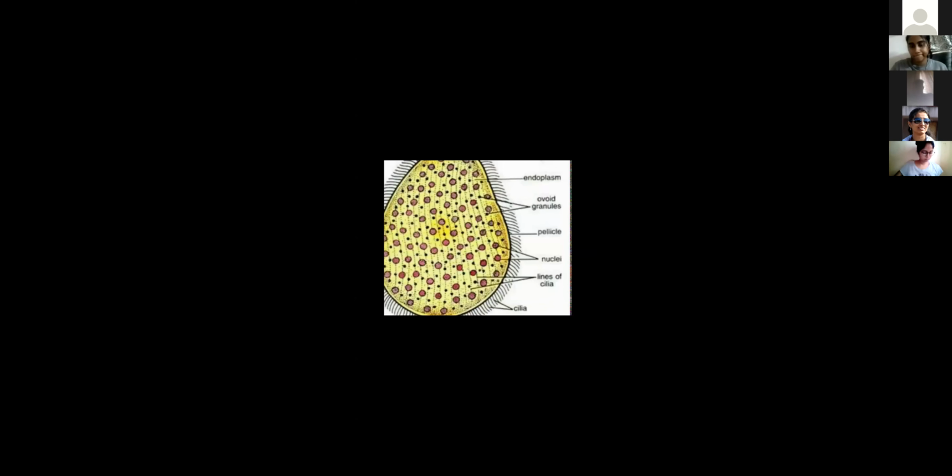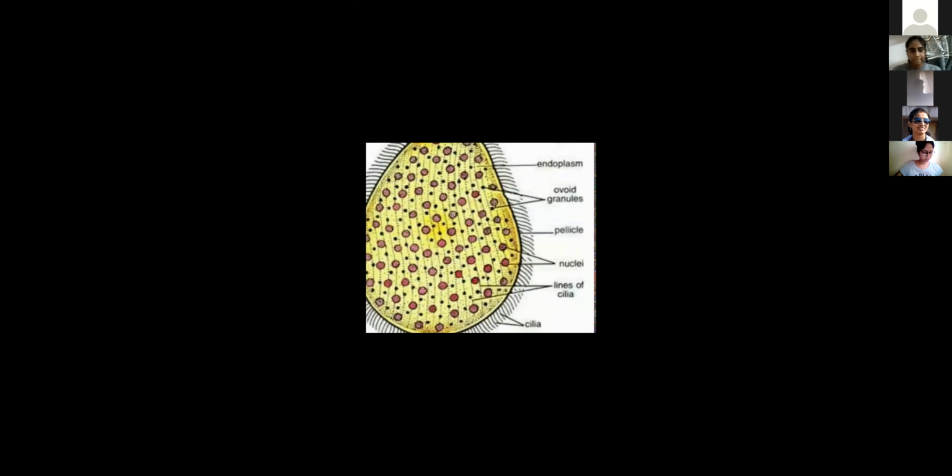Can you make out that these are all round structures? They are all nuclei. See, in one single organism, how many nuclei are present, right? This organism is named opalina. It is a protozoan. Right?